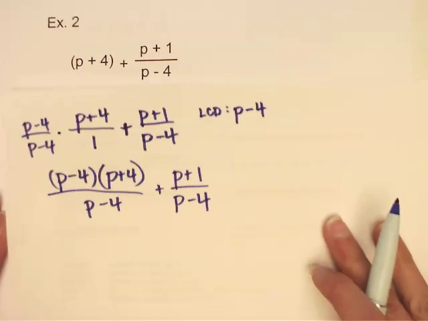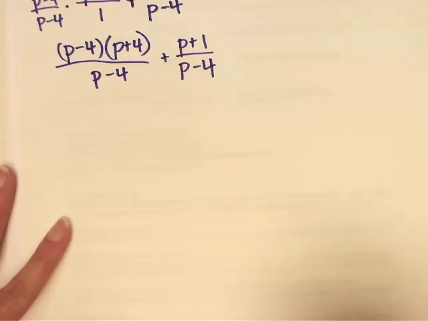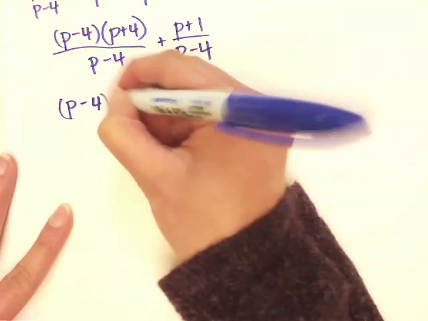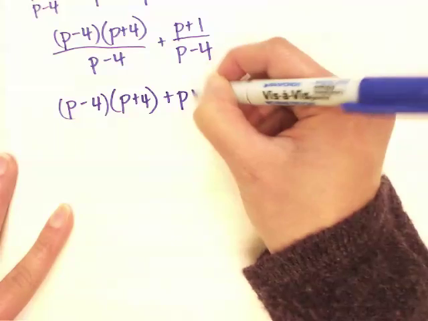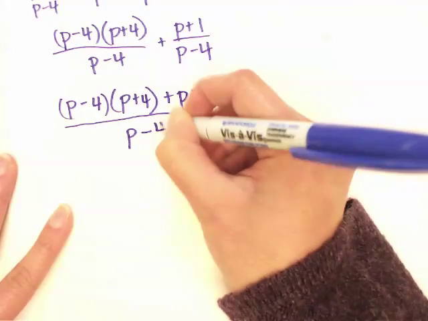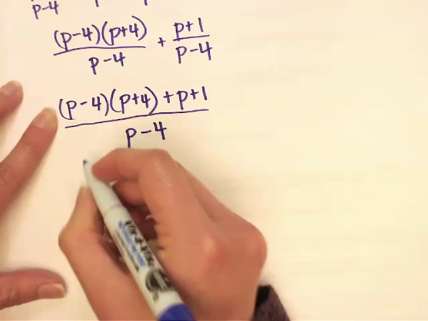Okay, so I'm going to go ahead and rewrite this as the sum over the same denominator. And then we can go ahead and simplify this by FOILing.